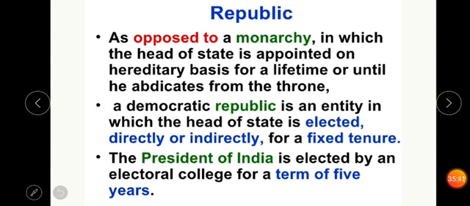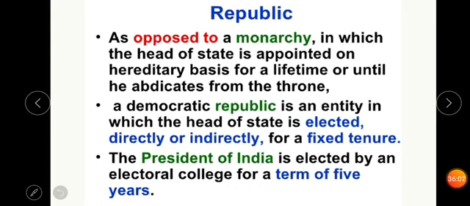A democratic republic is an entity in which the head of state is elected directly or indirectly for a fixed tenure. It means there will be no monarchy.